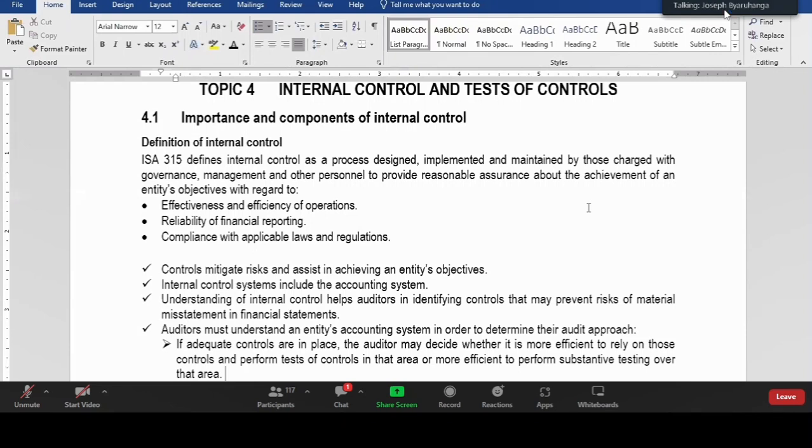Understanding internal control helps the auditor to identify controls that may prevent risks or material misstatements in financial statements. Whatever we are doing is assessing risks. Understanding the system enables the auditor to determine the audit approach.